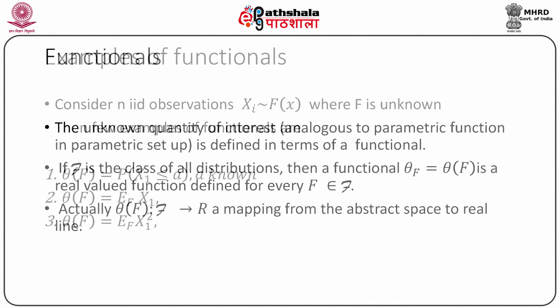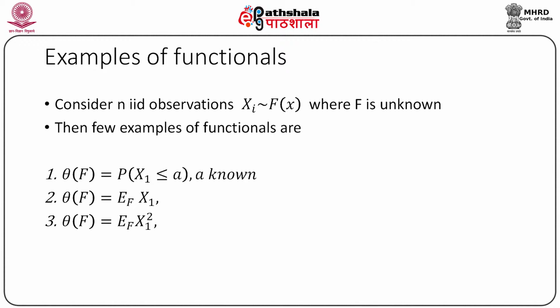Let us explain the concept through some examples. Assume Xi are IID observations from an unknown distribution F, where F is as usual unknown but known to be continuous.